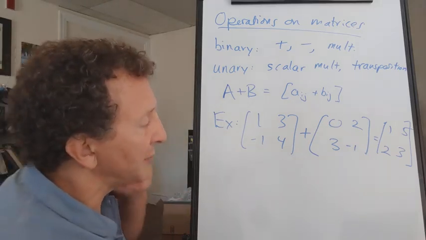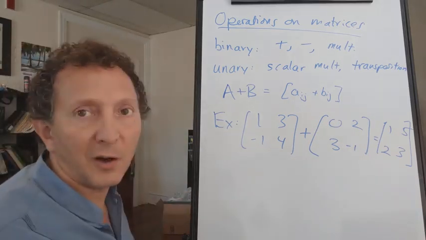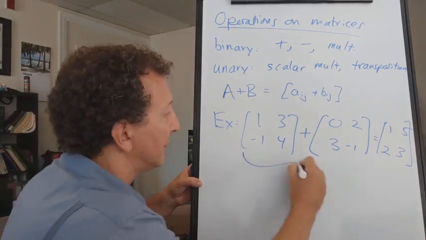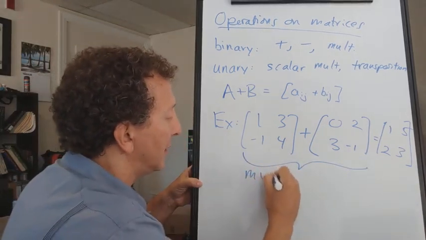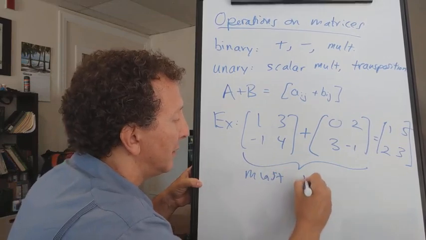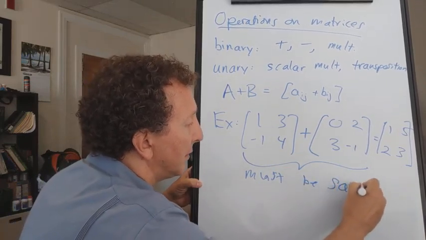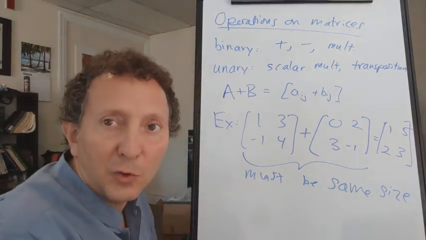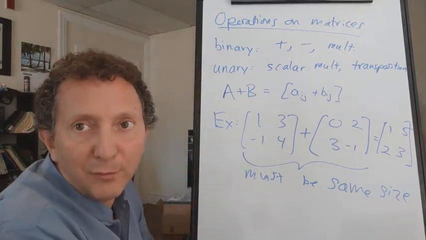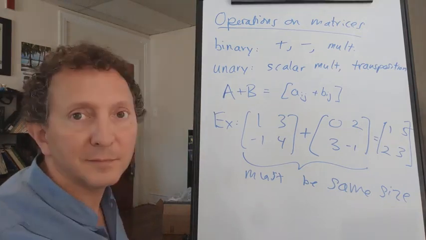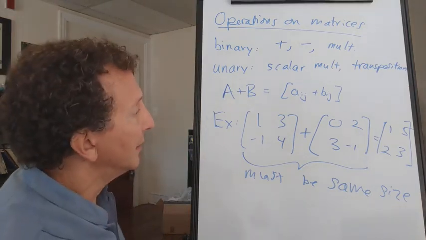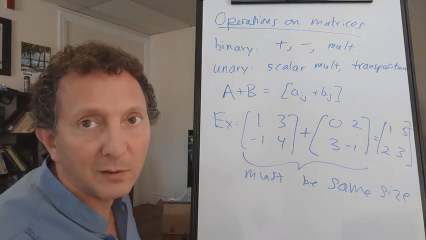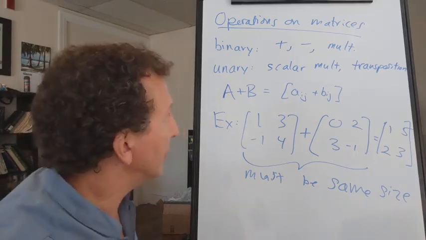Now I should mention this only makes sense if the matrices are the same size. We can't add a 2 by 3 matrix with a 3 by 4 matrix or something like that. Now subtraction is exactly what you would think it would be also.